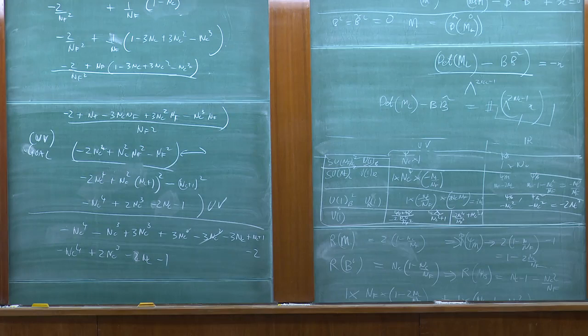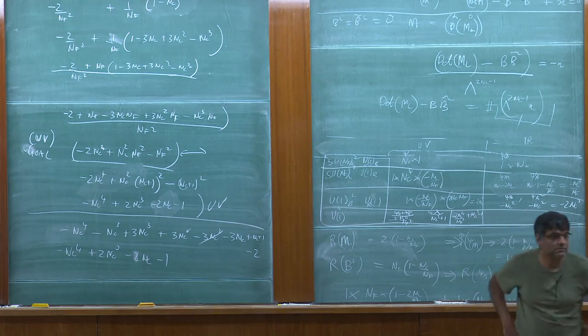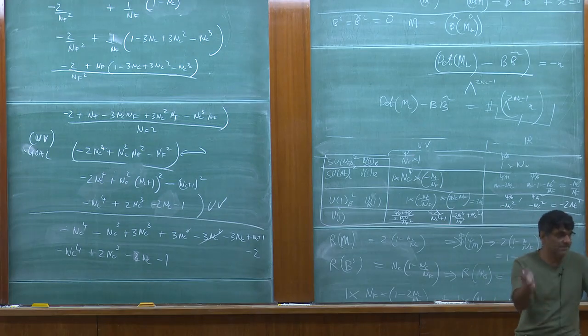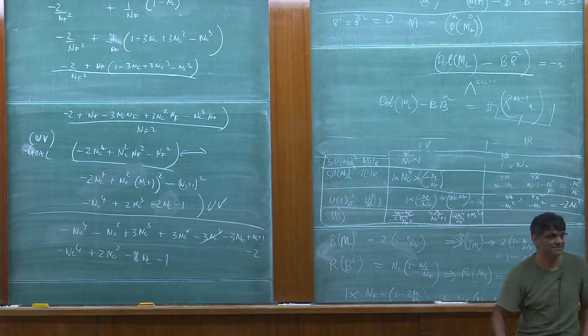In the IR, why did you say they are singlets? Because they're singlets under SU. Can't we have... It could be that your suggestion for what the IR is is that the gauge fields play a role. But that's not the suggestion so far. The suggestion was just some superpotential in terms of gauge invariant chiral multiplets.